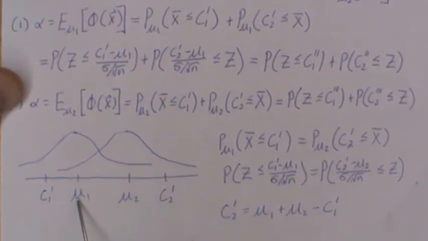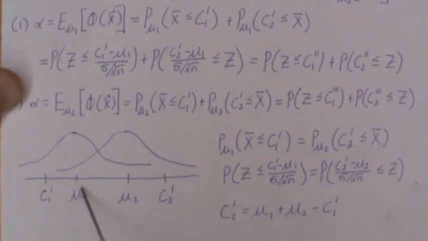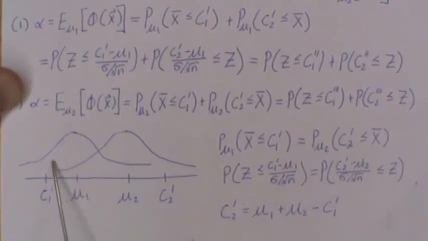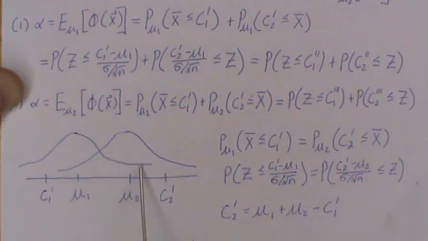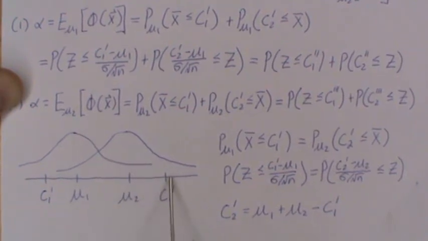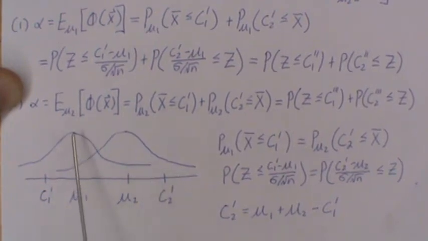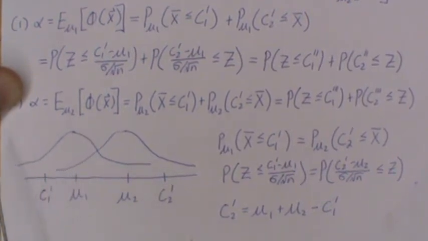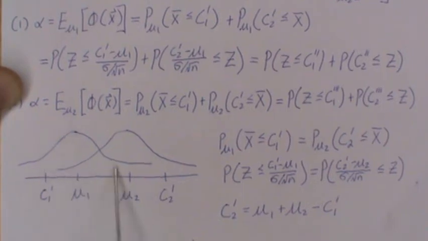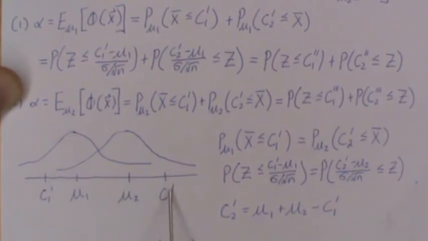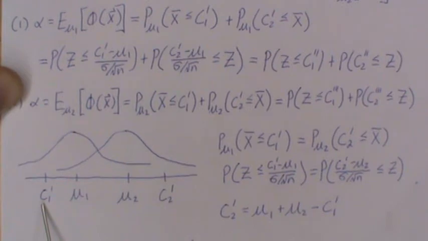So if mu1 or something smaller is the true value, then the curve looks like this. But the probability that we see a value greater than C2 prime is pretty small, especially if mu1 keeps getting smaller. So if we leave this tail out to calculate this, it's actually pretty darn close.